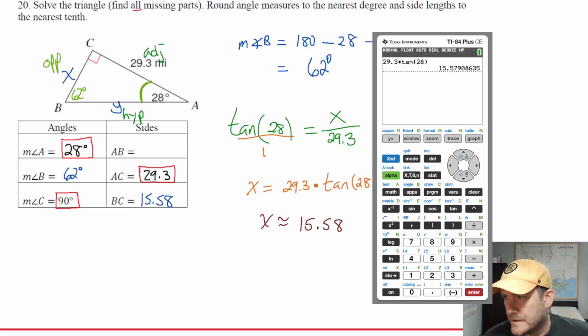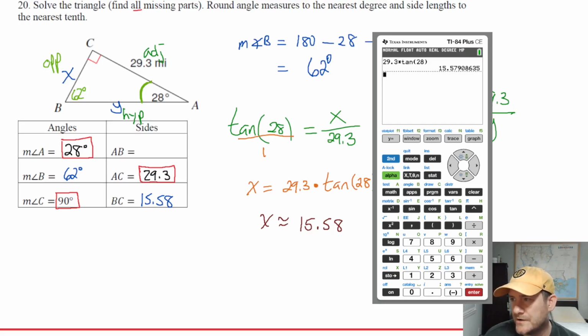All right. So just one side left to solve for. It's AB. Now AB is the hypotenuse, and we're going to find it using adjacent. So that sounds like cosine to me, adjacent over hypotenuse. We're using the 28-degree angle. The adjacent side is 29.3. And the denominator is y. We're solving for y.